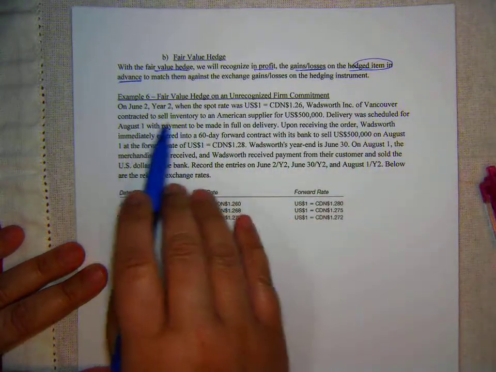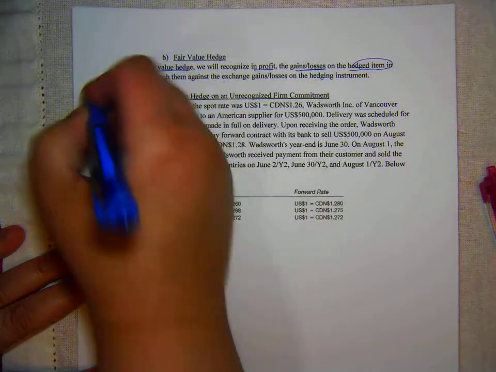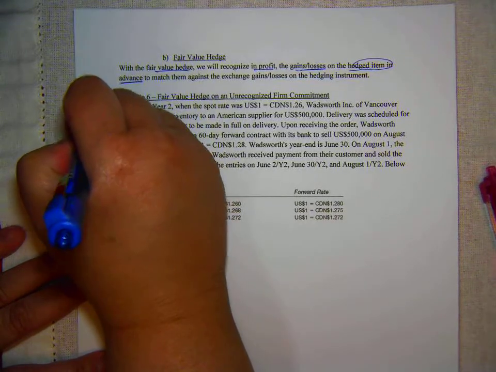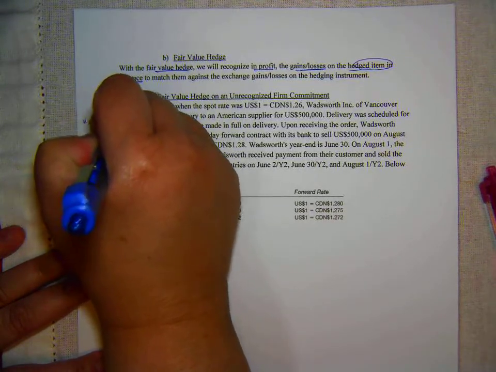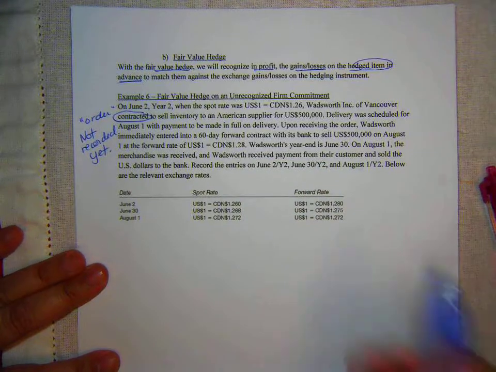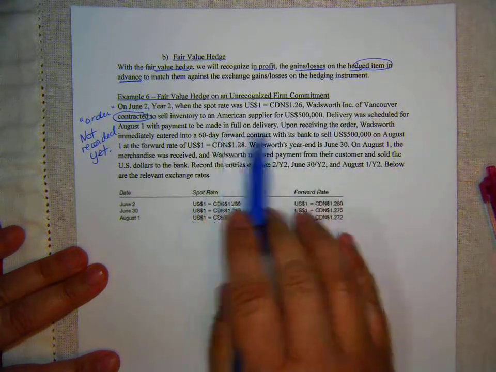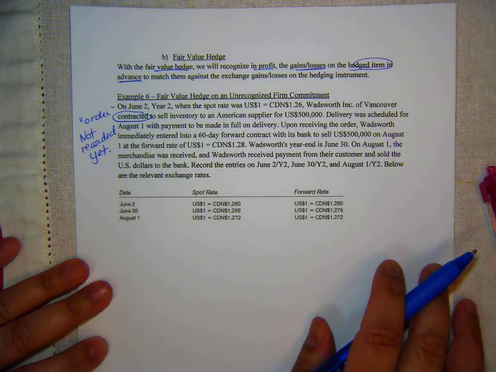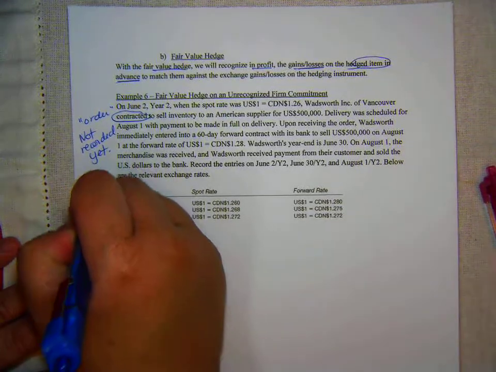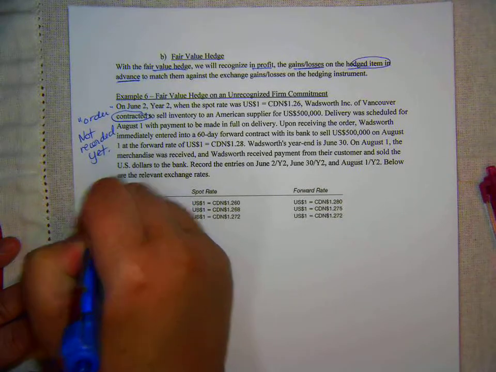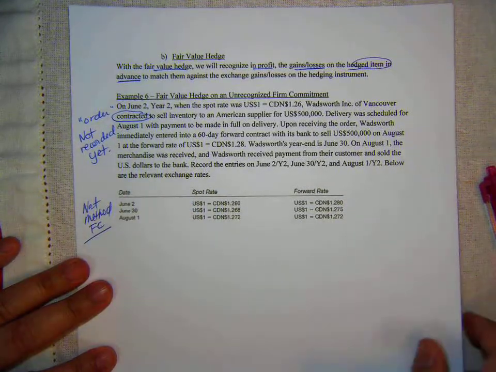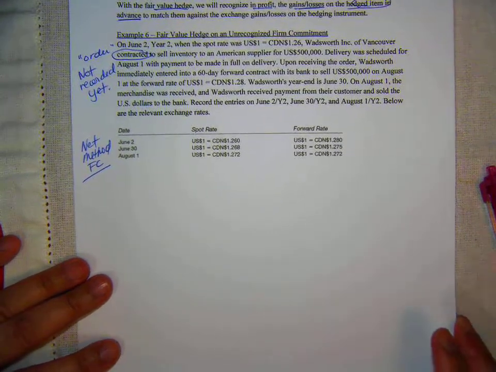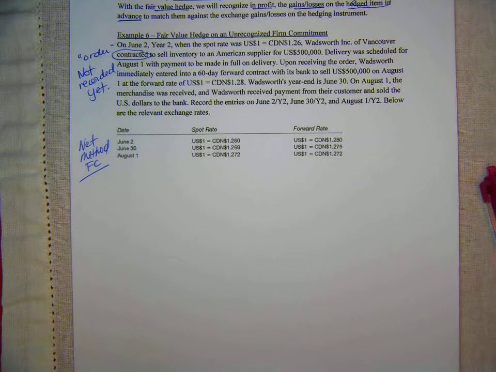Wadsworth contracted again, remember the words, to tell you it's not recorded yet, to sell inventory, delivery was scheduled, and so on, and everything's the same. Okay, so again, we're using the net method of the forward contract rather than the gross. Even though you know how to do both, both are acceptable for recording, it's just presentation with a net.